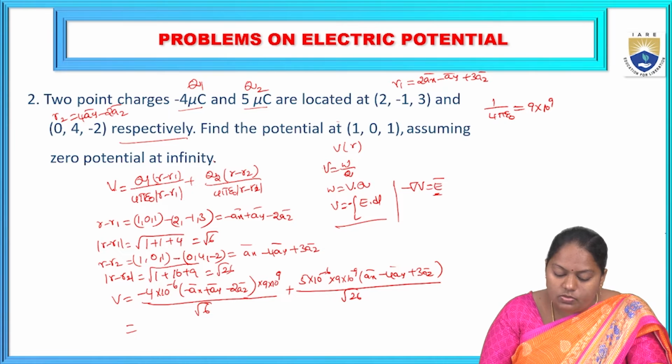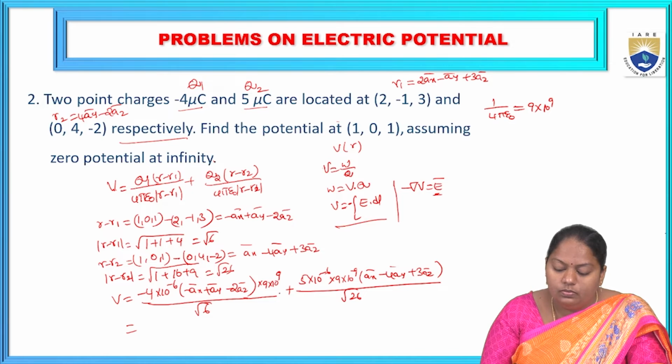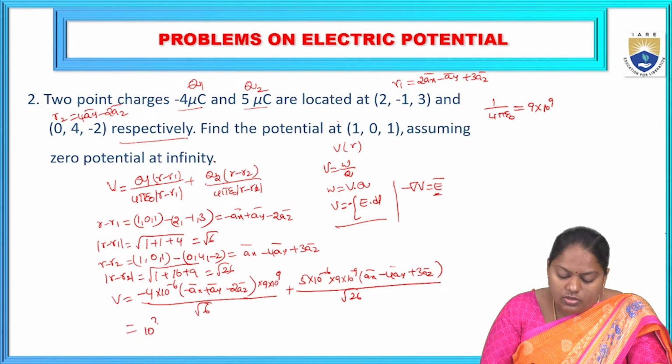Which is equal to 10 power minus 6 multiplied with 10 power 9, which becomes 10 power 3.